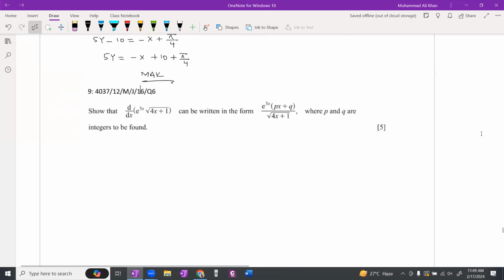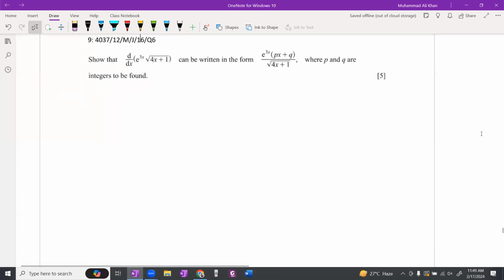Now, next question. What we have in this: show that the differentiation of this can be written in this form. So again, in this, u equals e power 3x and v equals under root 4x plus 1.